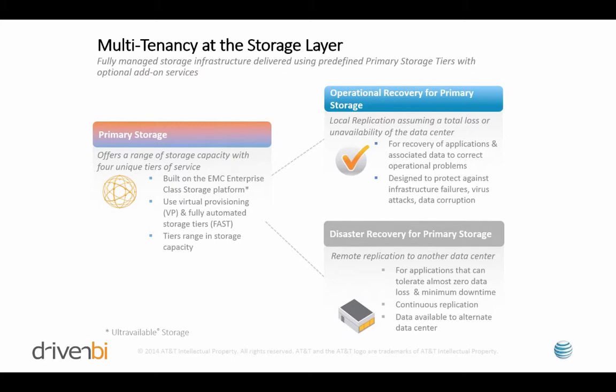I'm not recovering from a full data center loss. And then we've got a disaster recovery where if you've got really critical applications and you're concerned even at the layer of, oh my gosh, what if AT&T lost that full data center? We have disaster recovery solutions for primary storage where we can replicate that data as well as the application, the SRK application, into another location as well. So we provide multiple layers for that storage service.